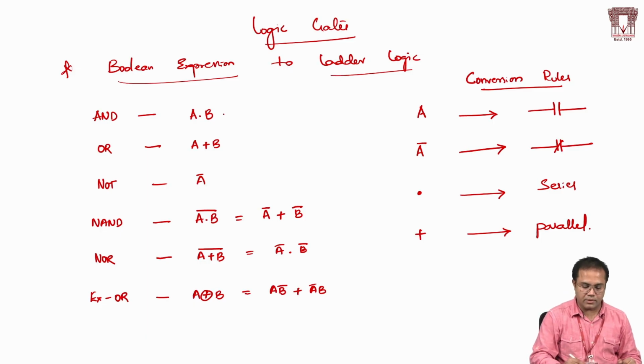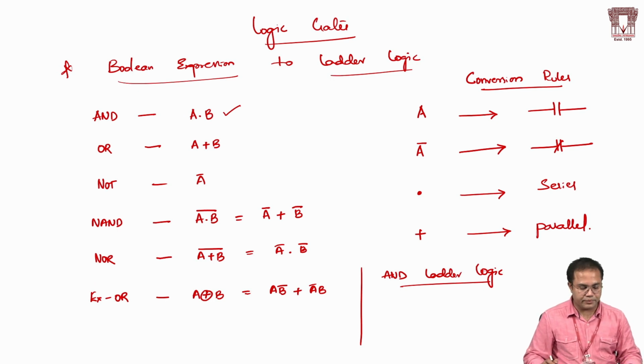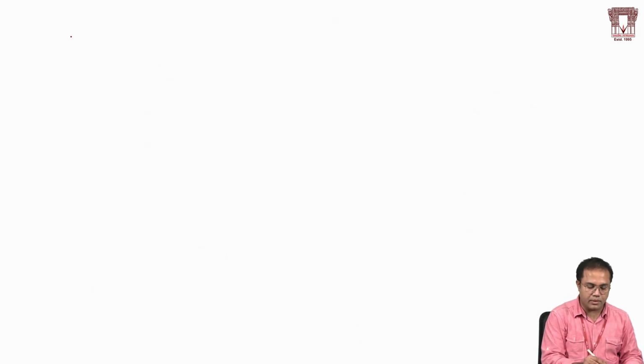So let's take an example, that is A dot B, the AND operation in ladder logic. I'll take a new page. We know that the Boolean expression is A dot B, right?